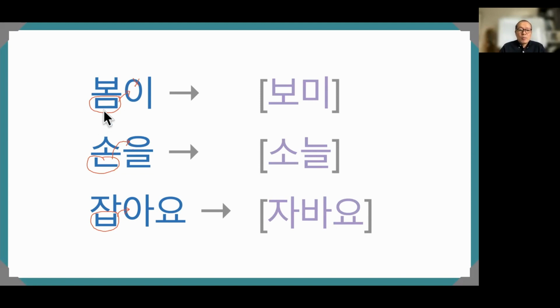This one, 봄이. Actually, 봄이 means spring. 손을 means hands. 잡아요 means hold. So this sentence means spring holds your hands. Okay, let's go to the next practice.